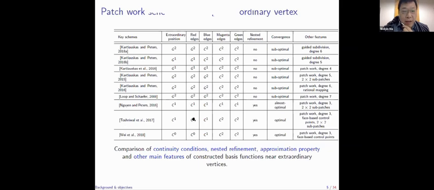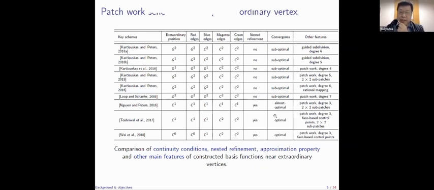Of course, there are also some which can realize nested refinements, but the continuity conditions may not be there. And also in connection with some applications, for example isogeometric analysis, in terms of convergence, most of the subdivision schemes at this moment can achieve only suboptimal convergence, which may not be very good for this kind of application.